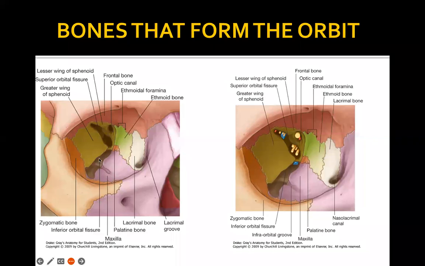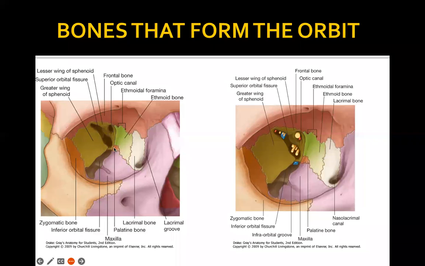That is the inferior orbital fissure, and that obviously will be the superior orbital fissure. Then the zygomatic bone also helps form the lateral walls. We should be able to list all the bones.